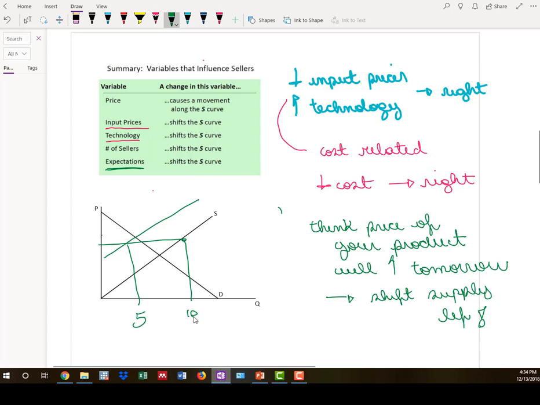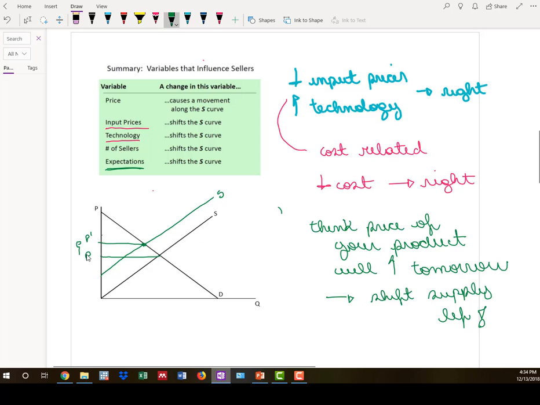Let me draw a more beautiful graph. So, because you thought that the price of the gasoline will increase tomorrow, you shift your supply to the left. But then your equilibrium price today went from here to here. So today the price went up. So that's interesting. Think about it.